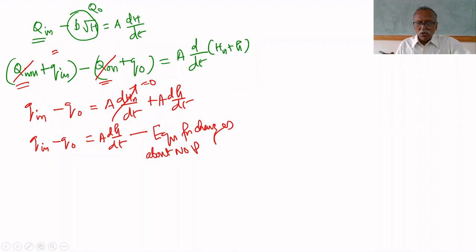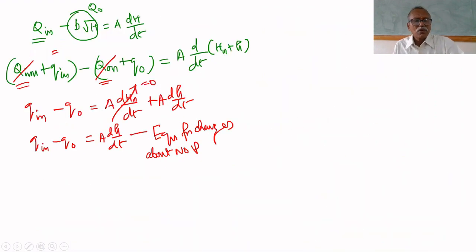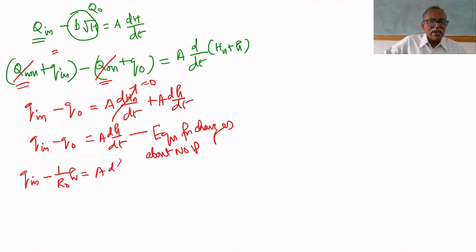But Q naught we know. The relationship for Q naught is 1 by R naught times H. Therefore, we can write Q in minus 1 by R naught H equal to A dH by dt. It is an approximate linear relation.